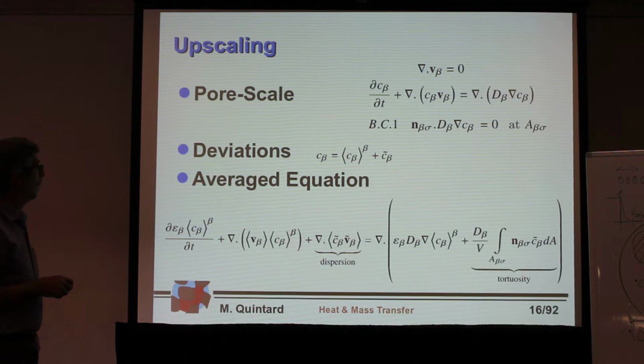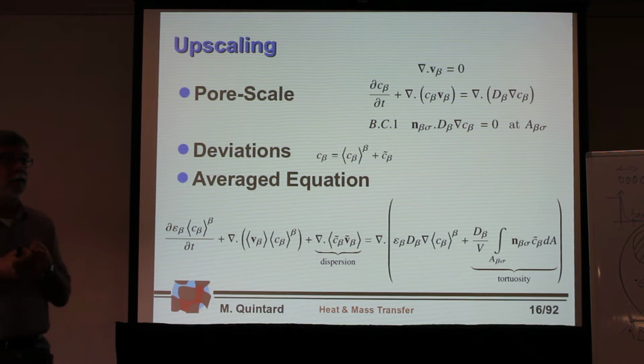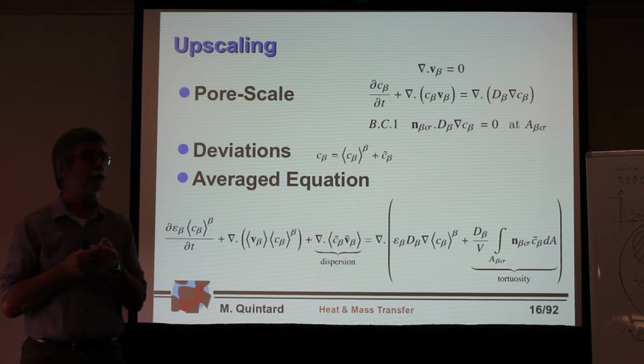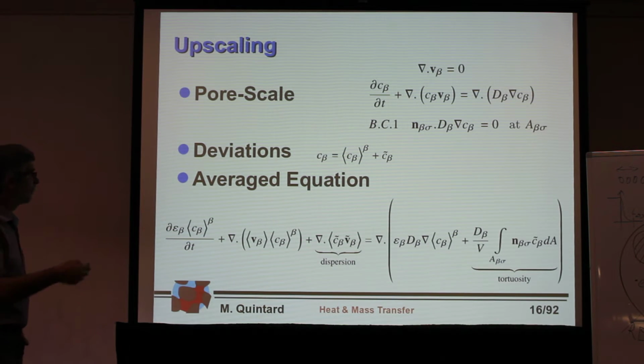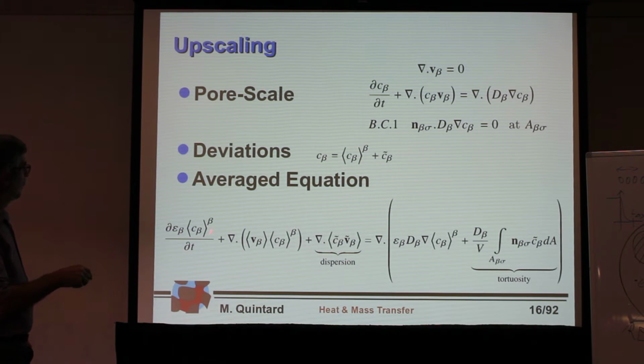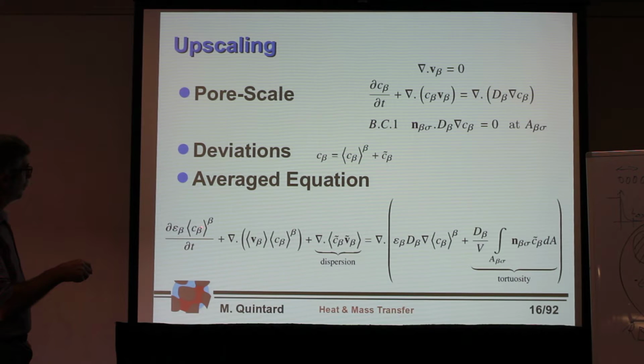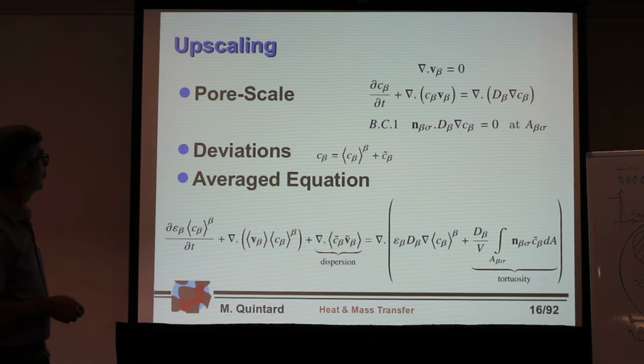This is where the assumption of a local constant porosity take place. This modification is essentially straightforward if you assume that locally all gradients or time variation of porosity are small. So you can extract that and get a governing equation for the average concentration, and that will be useful to do that.